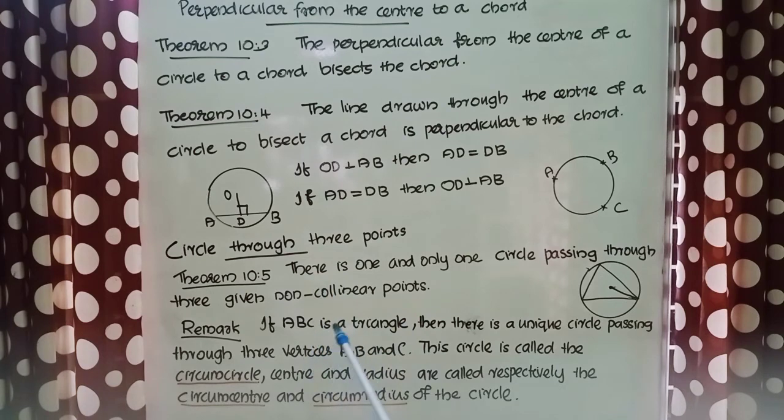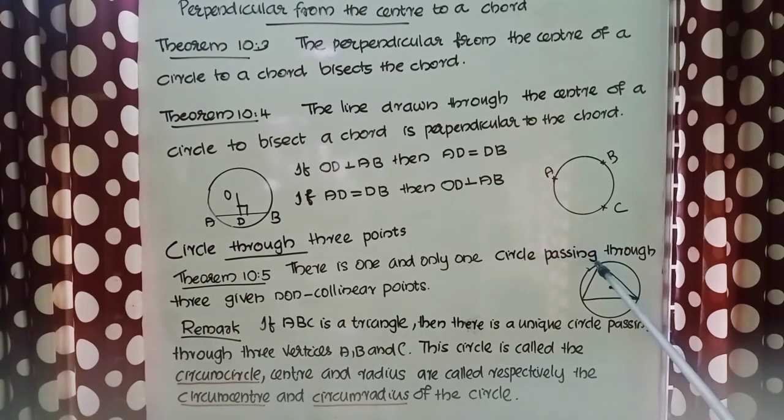Next remark, if ABC is a triangle, then there is a unique circle passing through 3 vertices A, B and C. This circle is called the circumcircle. Center and radius are respectively called the circumcenter and circumradius of the circle.